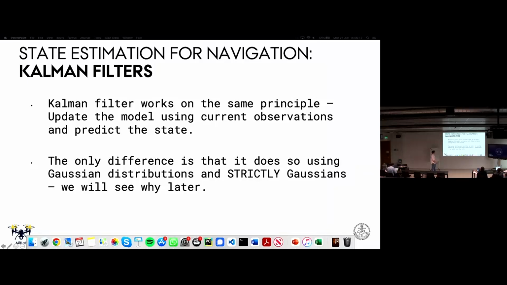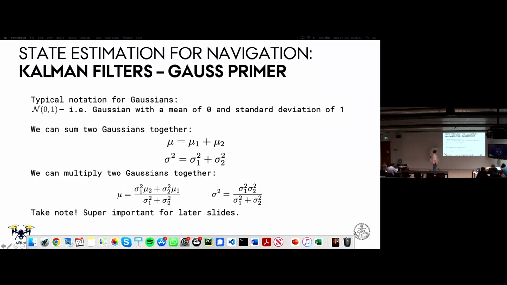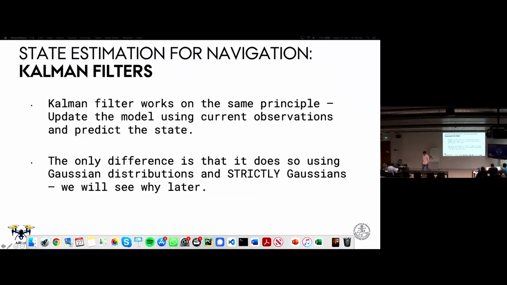So the only difference is that it's doing so using a Gaussian distribution, and kind of strictly Gaussian. This is one of the main assumptions of Kalman filters: it can use strictly Gaussians, and this is mainly because of these properties. So we can basically add and multiply Gaussians together, and this is what makes the whole Kalman filter work.